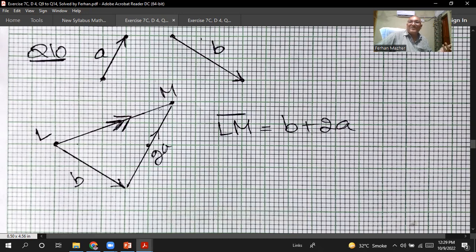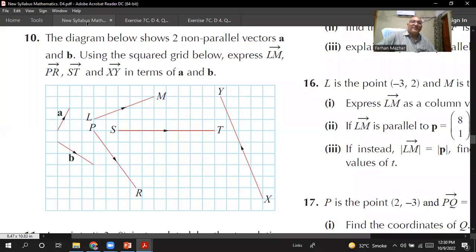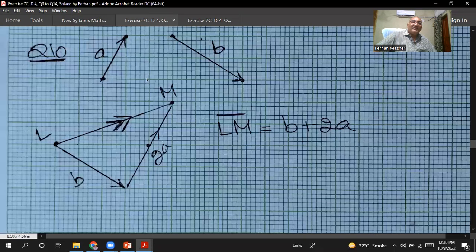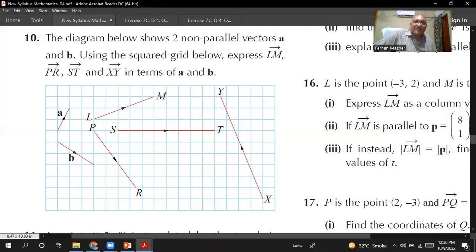You see, I started from the L and I reached the M by moving according to the pattern of B and A. So the LM will be equal to B plus 2A. This question requires a lot of ready wit, presence of mind.